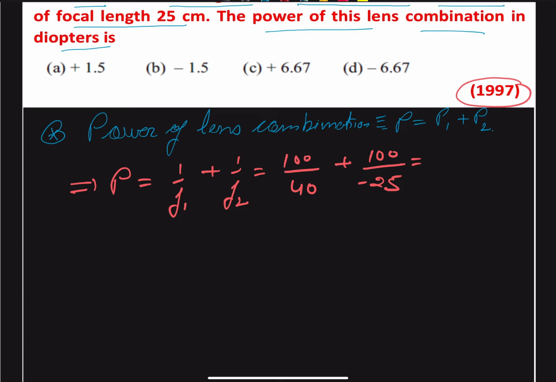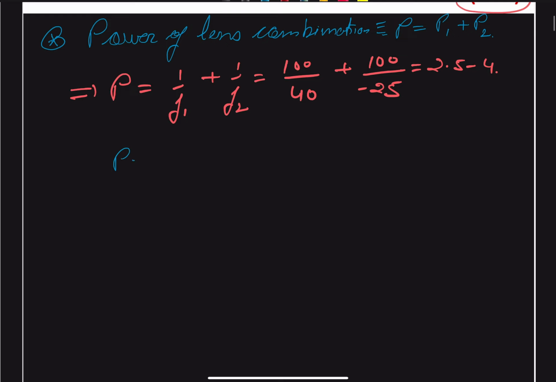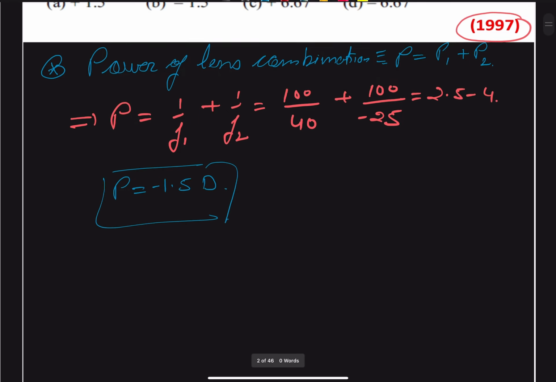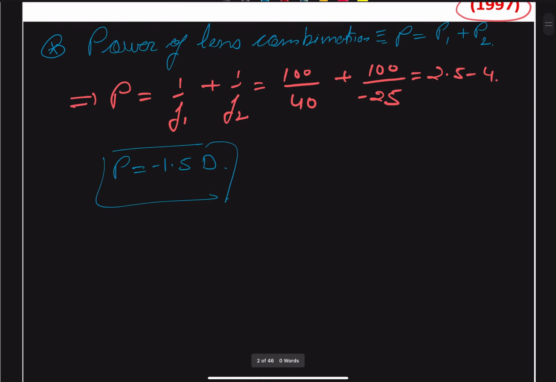So this will be giving us 2.5 minus 4. So we get that the power will be equal to minus 1.5 diopters. So option B is correct.